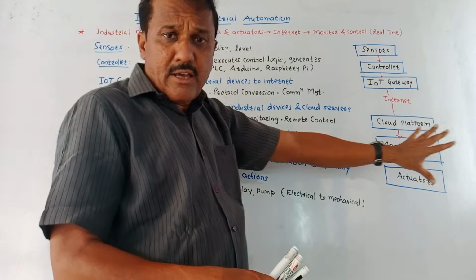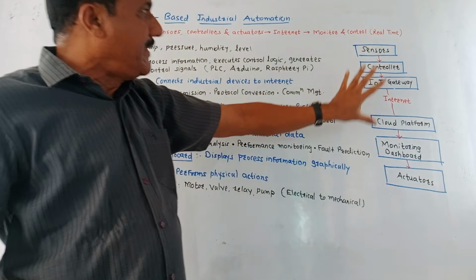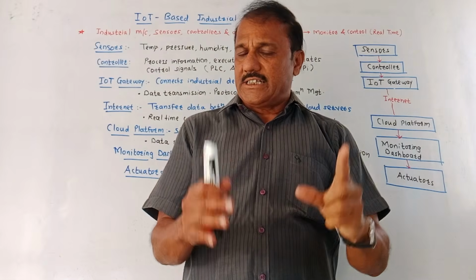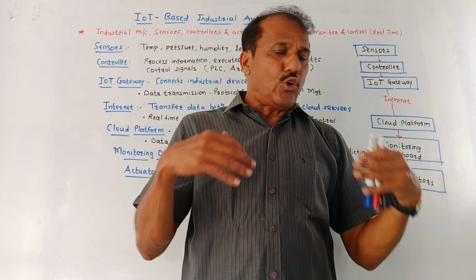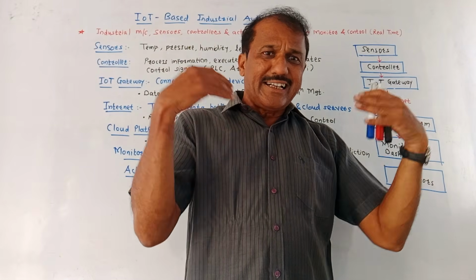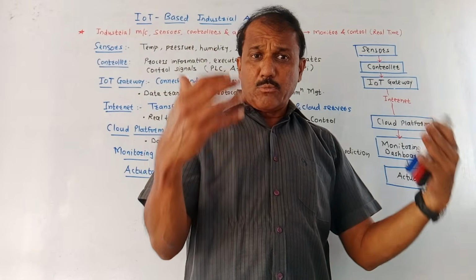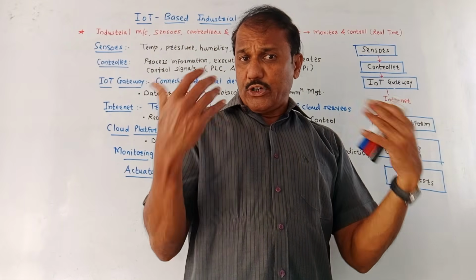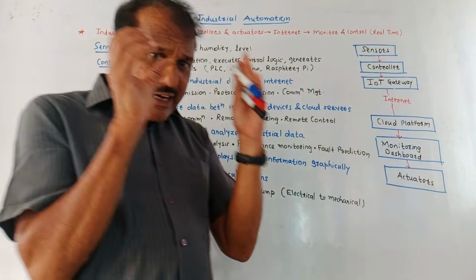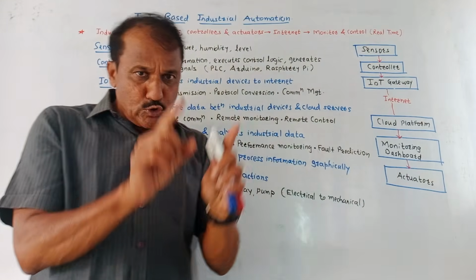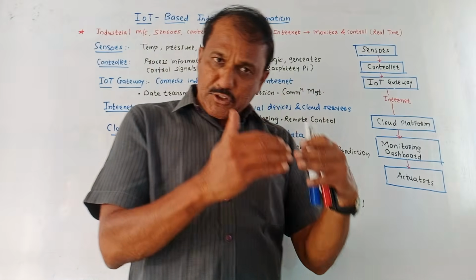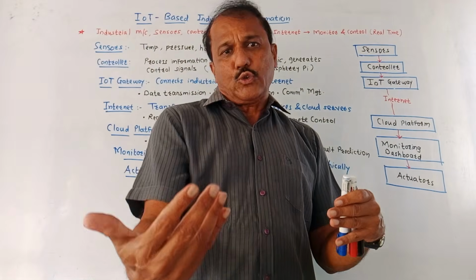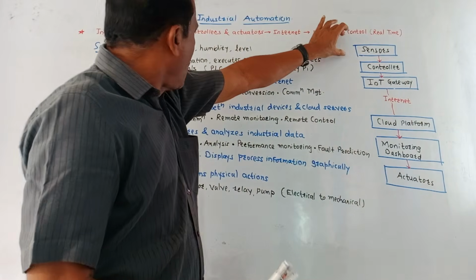Now we will discuss the function of each and every block in detail. So first block is a sensor. We know that we have to monitor or control different physical activities like temperature monitoring, humidity monitoring, and so on. So we need a transducer. Transducer is a device which accepts a physical signal and converts it into an electrical signal. So this is about the sensor.